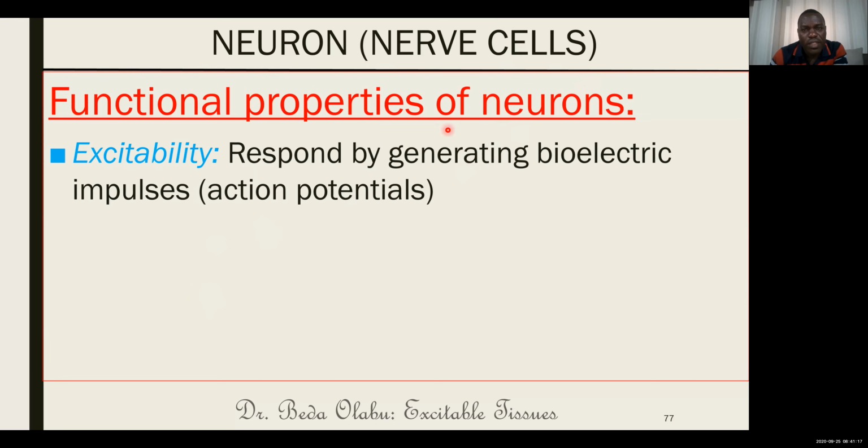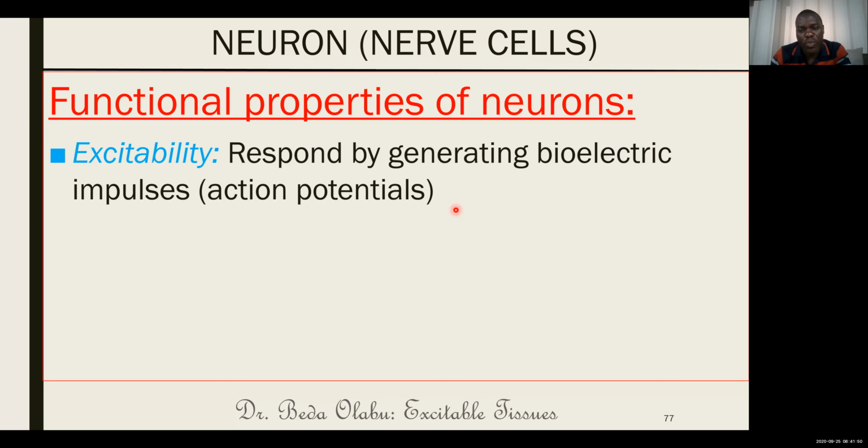It means that they can respond to stimuli by generating bioelectric impulses. And these bioelectric impulses are the ones we are calling action potentials. So excitability is a property of neurons.